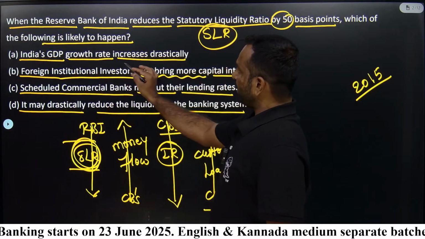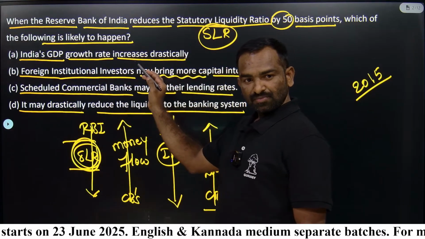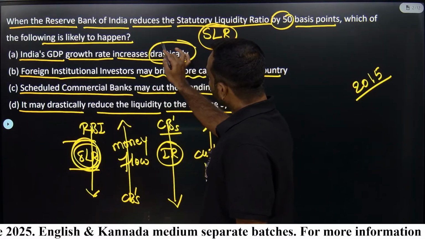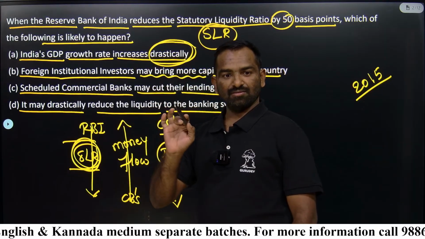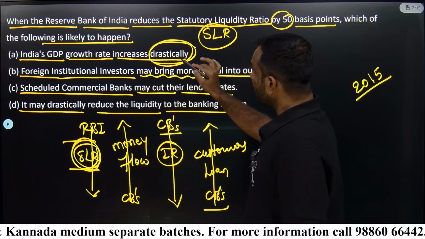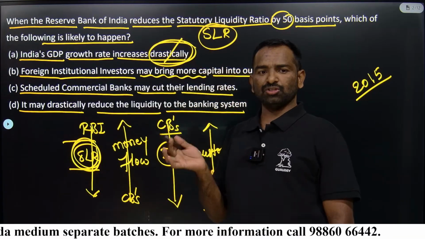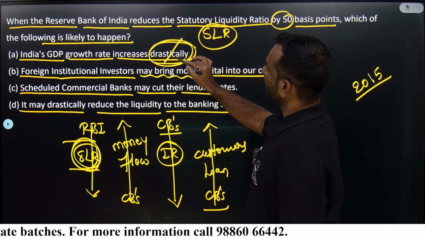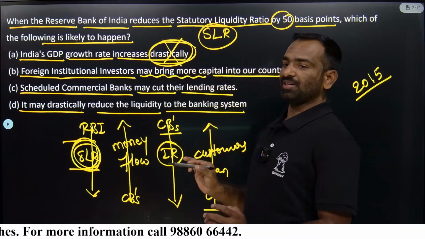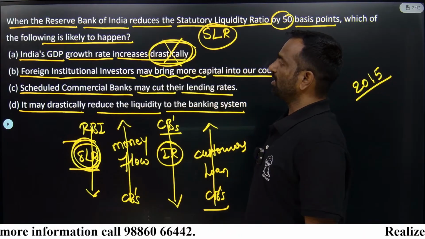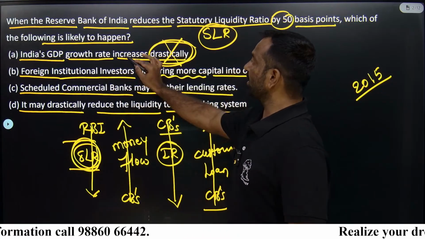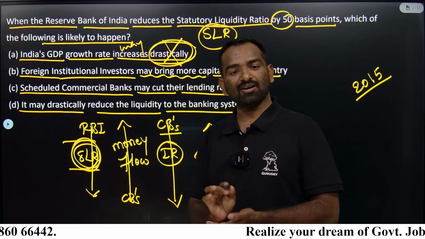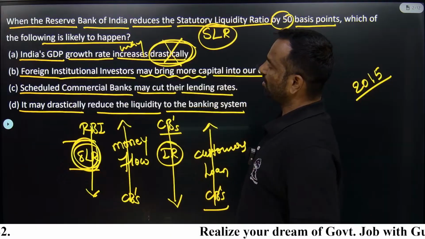India's GDP growth rate increases drastically. Is this true? No. India's GDP rate may increase, but not drastically, but gradually, slowly. Because of the term drastically, that's why the first option is wrong.